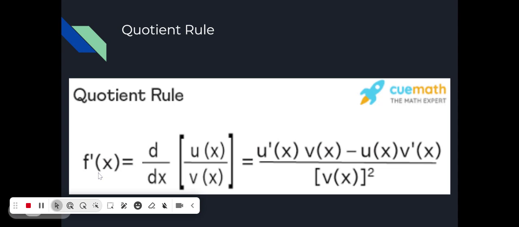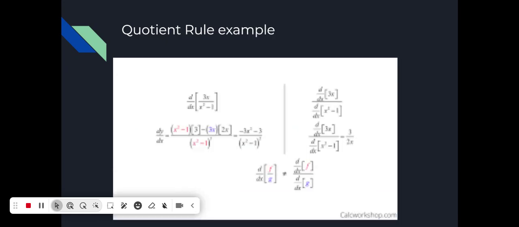You take the derivative of u of x and keep v of x constant, but instead of adding, you subtract, and keep the u of x term constant and take the derivative of v of x. So it's u prime of x times v of x minus u of x times v prime of x. The difference is that you divide all of that by the denominator squared, which in this case is v of x squared.